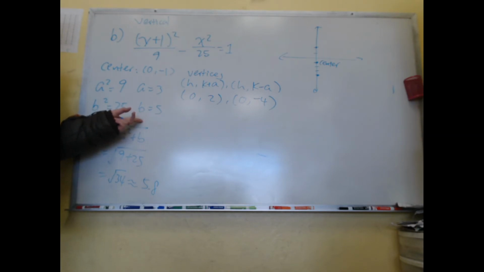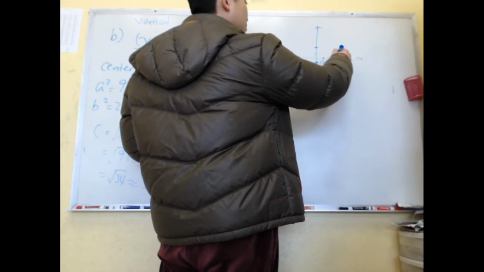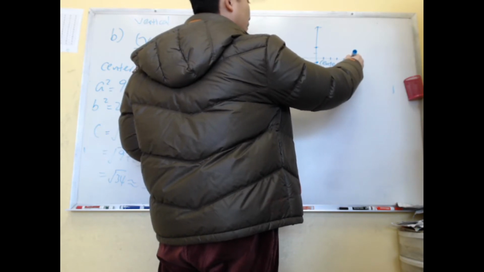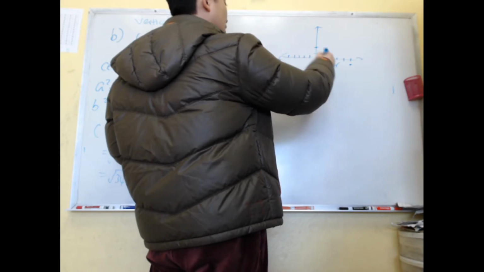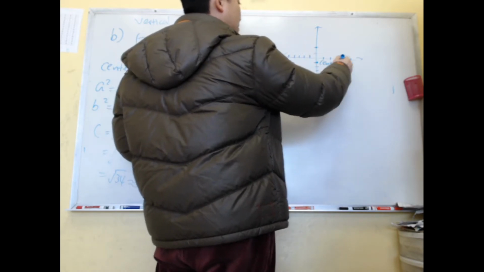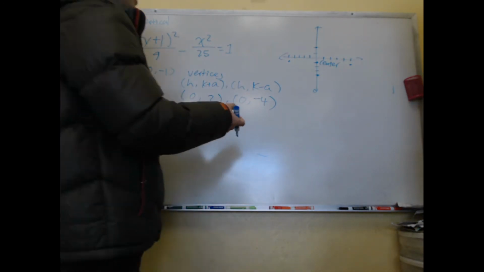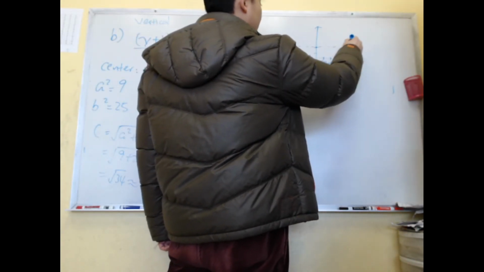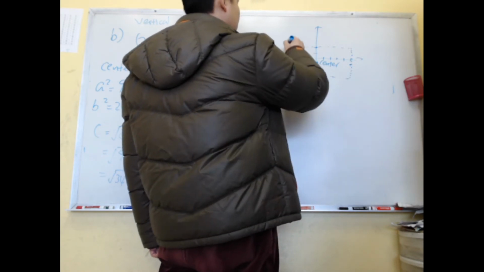From the center, count 5 units to the right, and then from the center again, 5 units to the left. Basically we just want to find the endpoints for the imaginary box. So you see that it's a rectangular imaginary box right here, once you connect those endpoints.